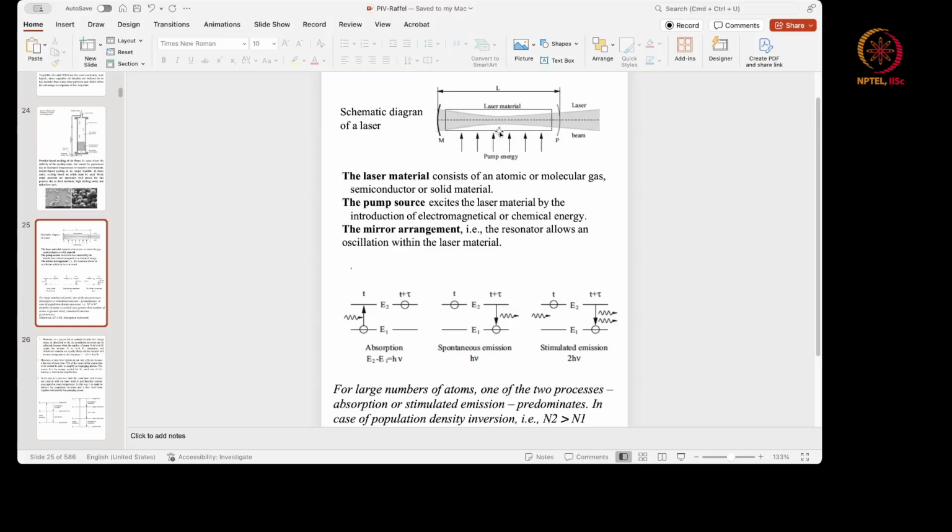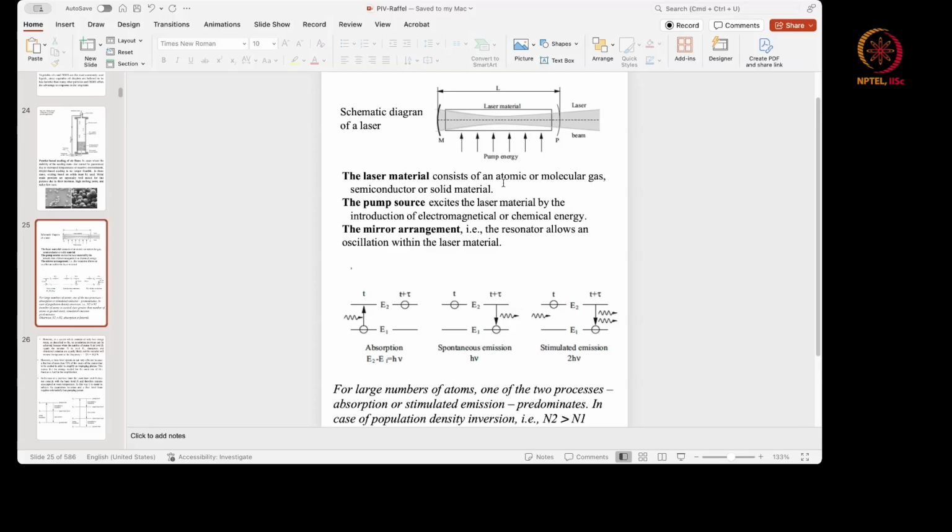Then you have a pump source, which excites the laser material by introduction of electromagnetic or chemical energy. Now there is a mirror arrangement, which is a resonator, which allows oscillation within the laser material and therefore helps us to populate a particular mode. This is the schematic of the laser that we are already familiar with.